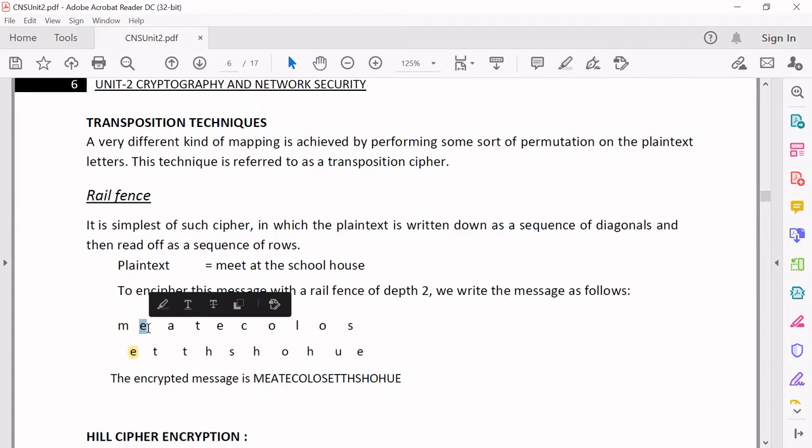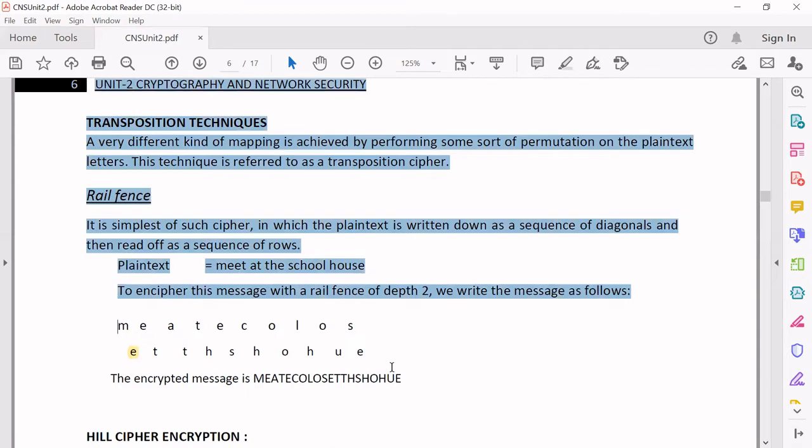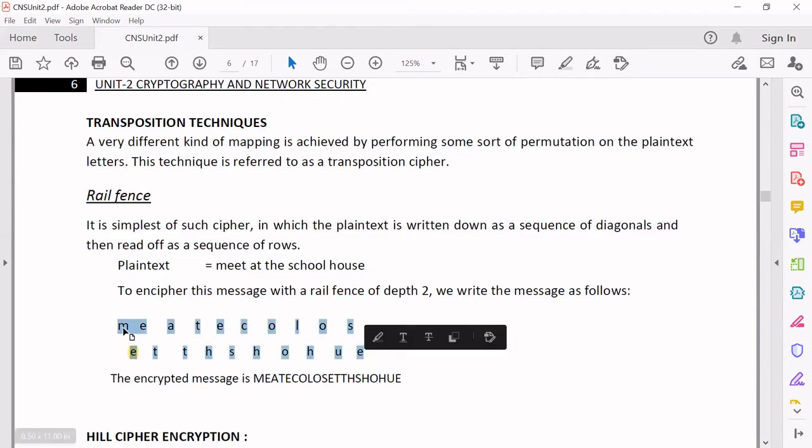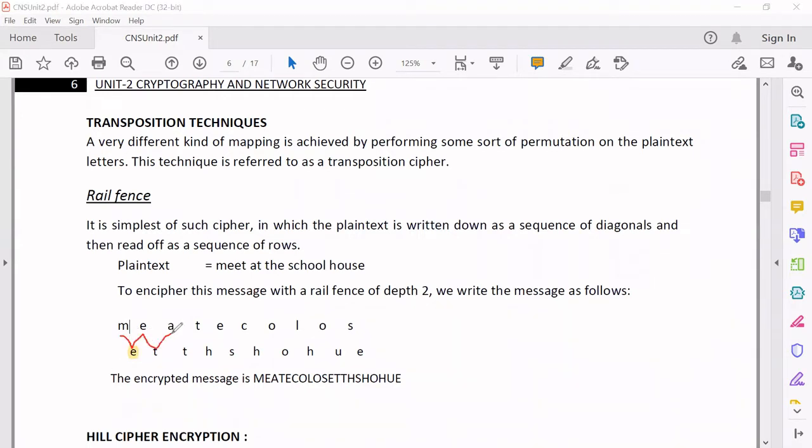The third letter again comes to the first row, fourth letter second row, fifth letter first row, sixth letter second row, and so on. So the complete plain text says meet at the school house. It is in this way. This permutation is taken.